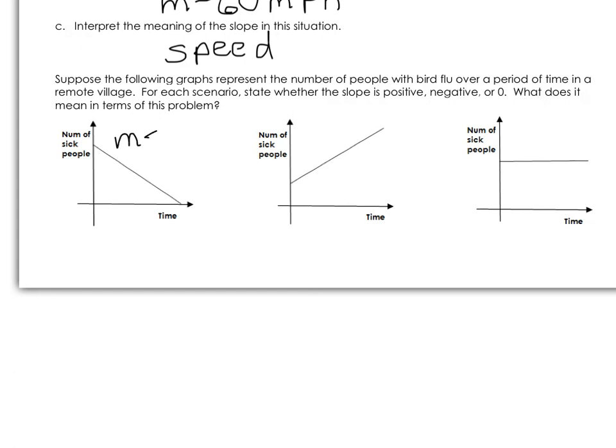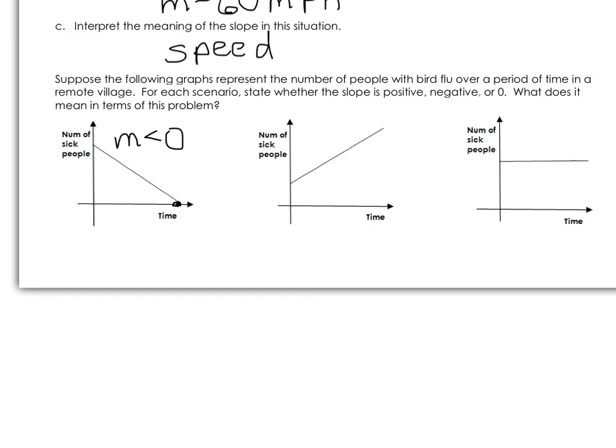We have a negative slope. M is less than 0. What does that mean in terms of what's happening in the village? We had bird flu. We started off with quite a few sick people, but over time, what happens? The number of sick people decreases and decreases until there are no more sick people.